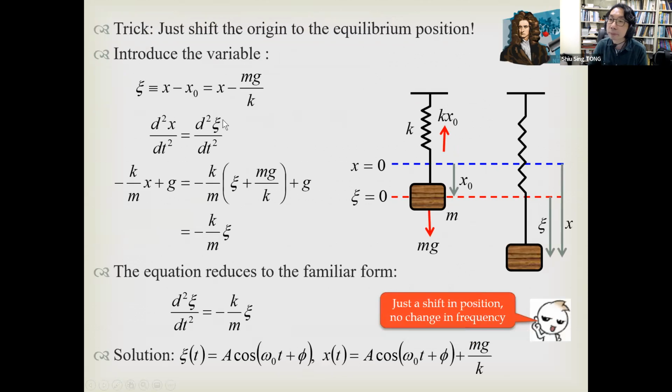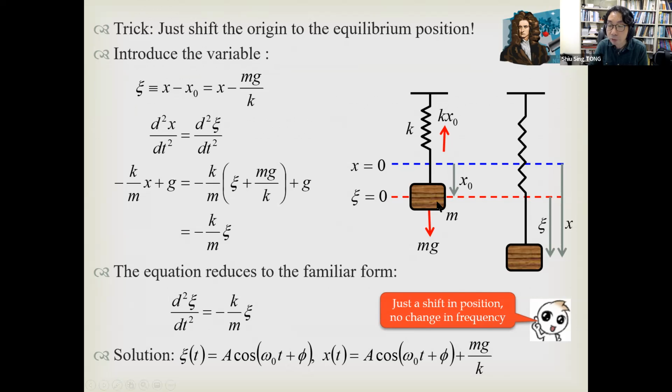Now how to do that? There's a simple trick. Instead of measuring all the displacement from this level, which is the unstretched position of the spring, I would like to measure all the displacement about the new equilibrium level, which is the new equilibrium position of the block. When I don't have gravity, this is the equilibrium position.